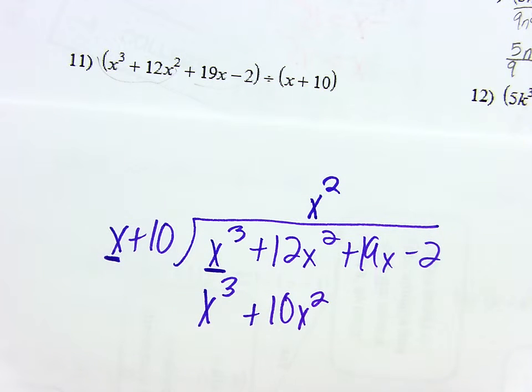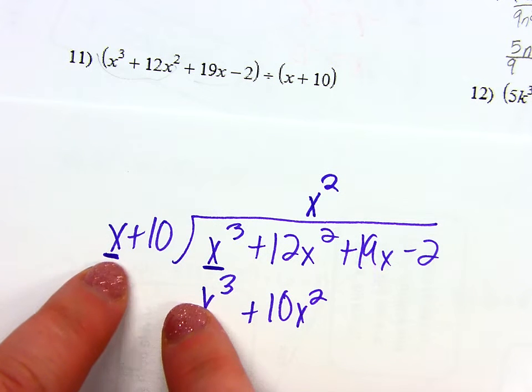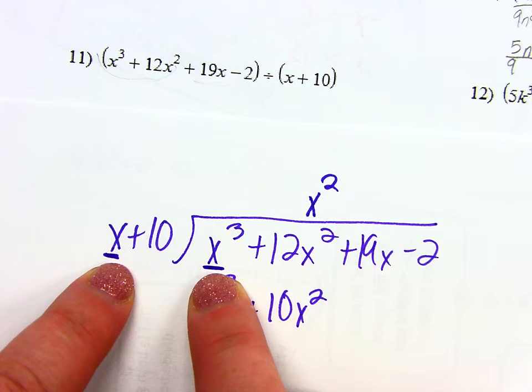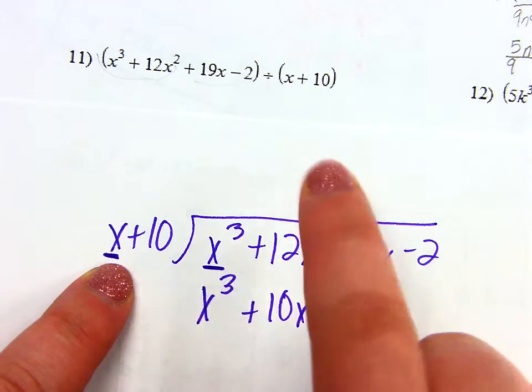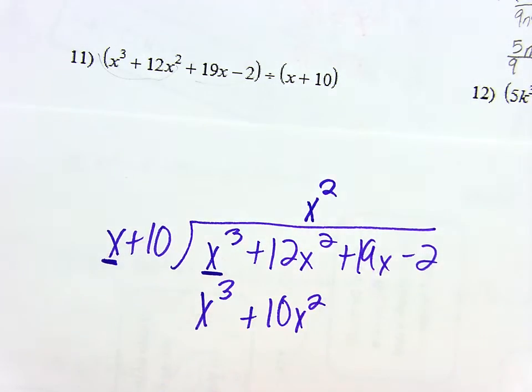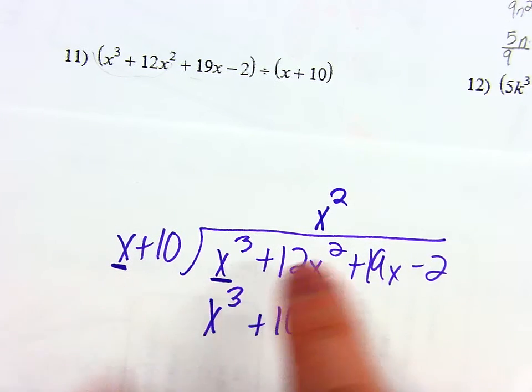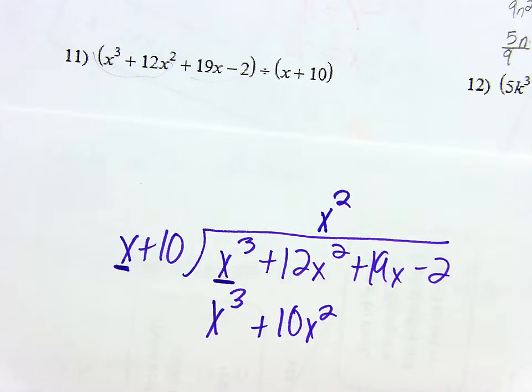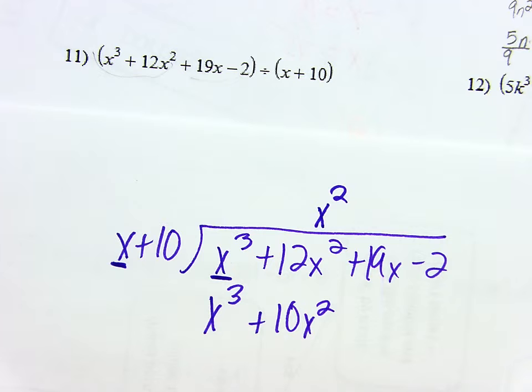Wait, so what? You just take the difference between the first, like... You ask yourself, what do I multiply that by to get that term? And you put it at the top. Well, you just put it in the column that matches. So because it's an x squared, I put it in the x squared column. So if it was like a number that didn't have, it would be over the 2?